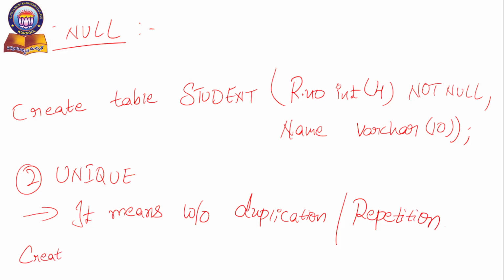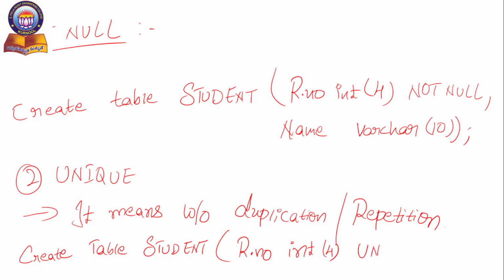Example, create table student, roll number unique. Unique is nothing but it doesn't need any duplication values. It doesn't need any duplication records, repetition records. Next, name. This is a perfect example of the unique constraint.